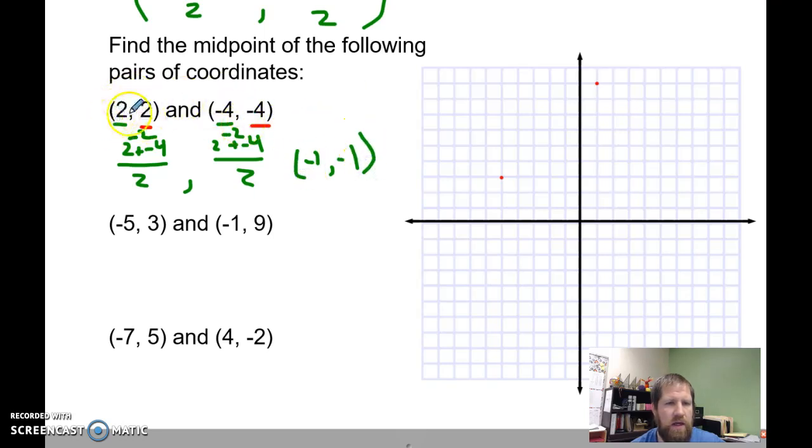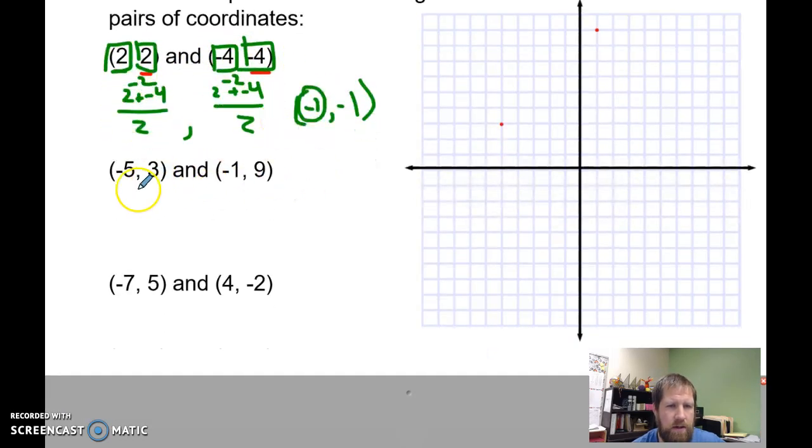When we have even numbers, all of our numbers here are even, we're going to come out with whole integers for our coordinates. If we ended up with odd numbers, so they're all odd, we're still going to come out with whole integer values. I'm not going to have any decimals or fractions.